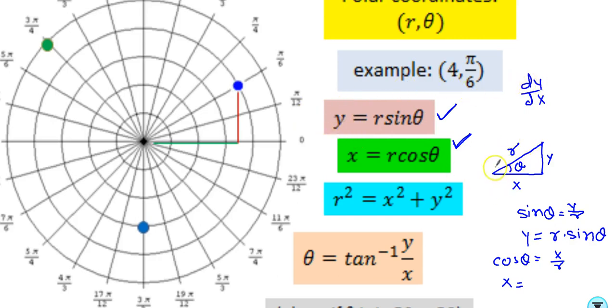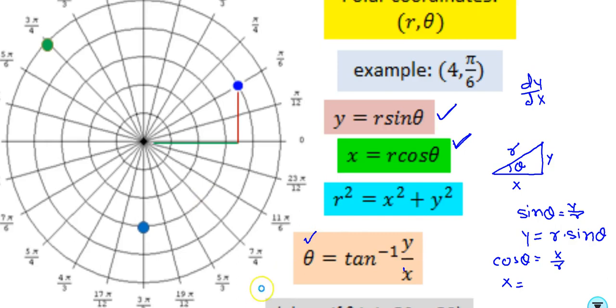So this is a very simple connection from the unit circle, which is x, y, r, theta. You may recall that sine theta is y over r, cosine theta is x over r, and x and y in terms of r and theta. The equation of the circle is x squared plus y squared is equal to r squared, the radius squared, and tangent theta is always y over x. So if you have to find the angle theta, you can say tangent inverse of y over x.